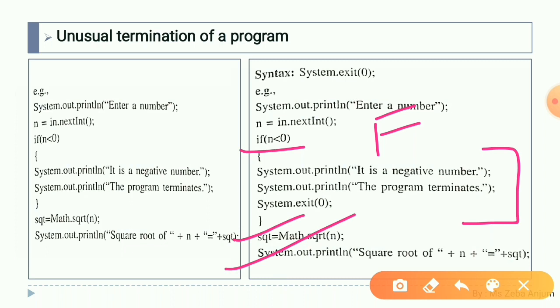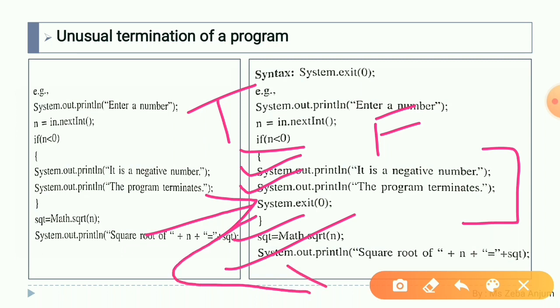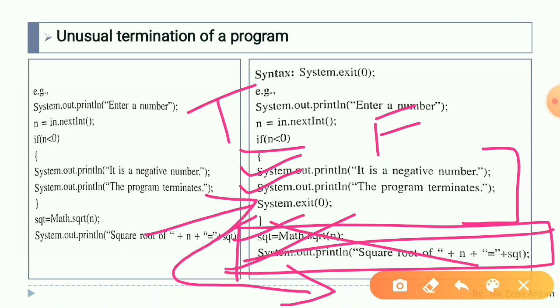Yes, but if this condition is true then this statement will execute, after that this one will execute, and then if the compiler encounters this System.exit 0, it means the compiler gives the control to the end of the program. Okay, and these two statements will not get executed at all. So if this condition is true, the only output you will get is it is a negative number, the program terminates. So basically to terminate your program, this System.exit 0 we are going to use in our program.